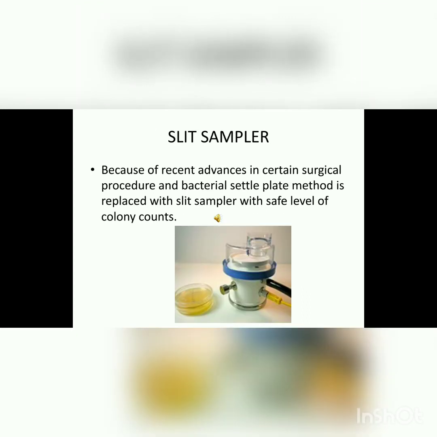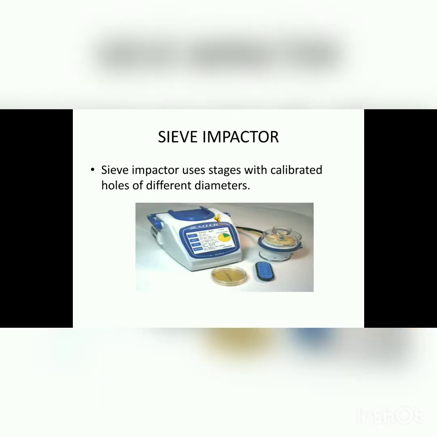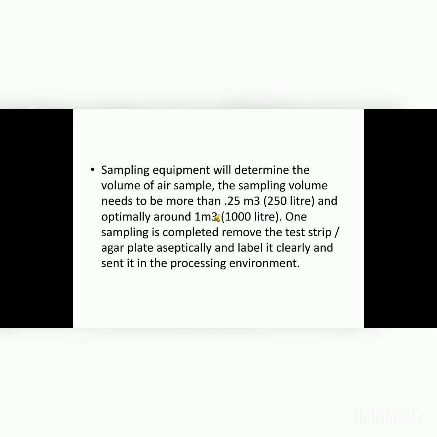The slit sampler is one of the most used samplers because of recent advances in surgical procedure, along with the bacterial settle plate method. Next is the sieve impactor, which uses stages with calibrated holes of different diameters. In sieve impactors, different gradient hole sizes can be used, and both these sampling equipment determine the volume of air sample.